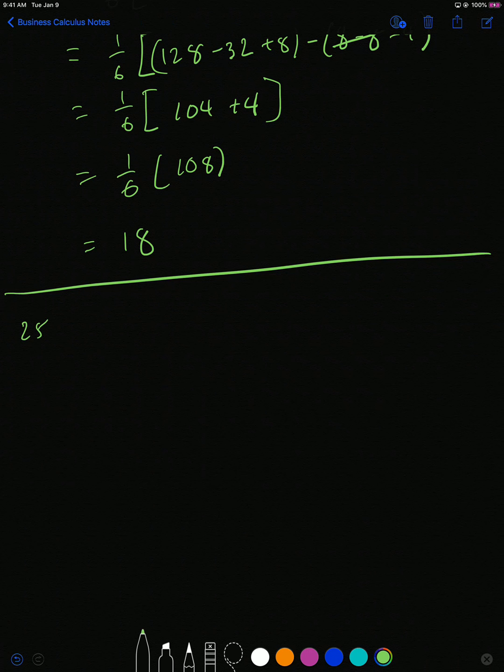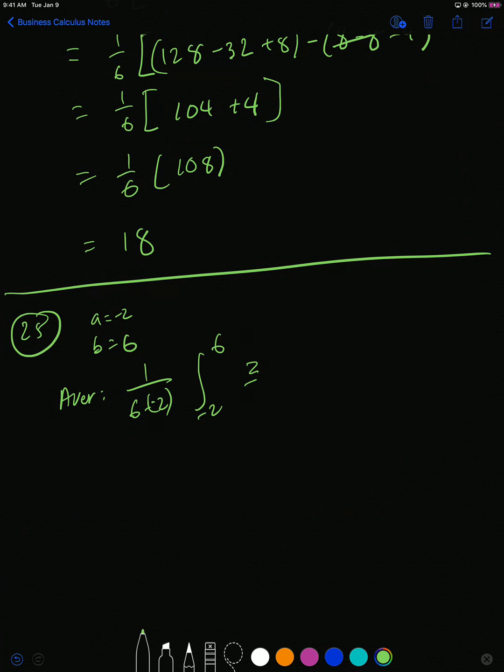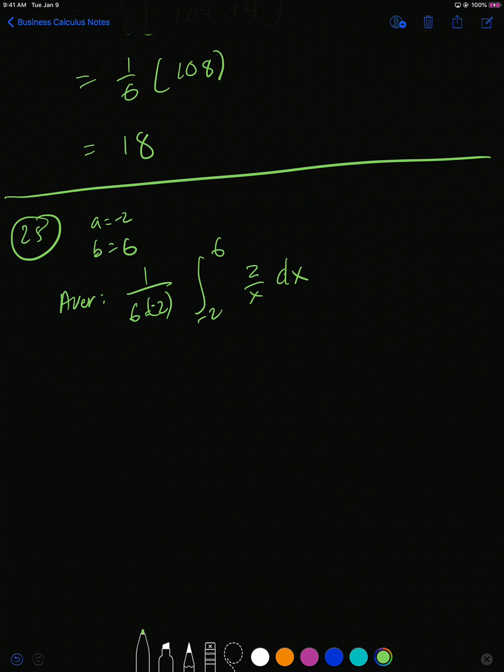Number 25. I'm integrating 1 over x from negative 2 to 6. So a is equal to negative 2, b is equal to 6. So my average value is going to be 1 over 6 minus negative 2, the integral from negative 2 to 6 of 2 over x dx. Negative and negative is positive, so that's 1 over 8.